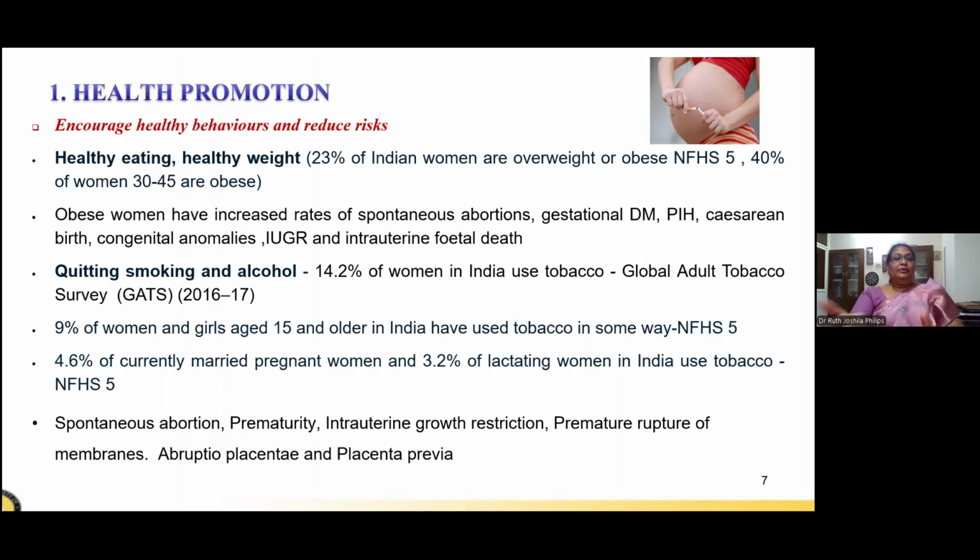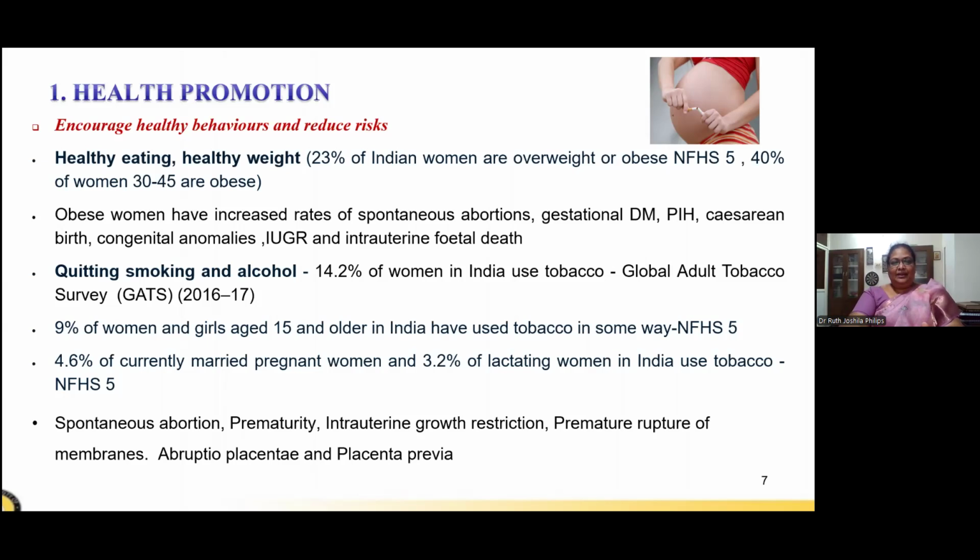And apart from that, our NFHS survey also says that 9% of women and girls aged 15 or older in India have used some form of tobacco, right? So this is showing us that tobacco usage is there, even though we do not realize it.